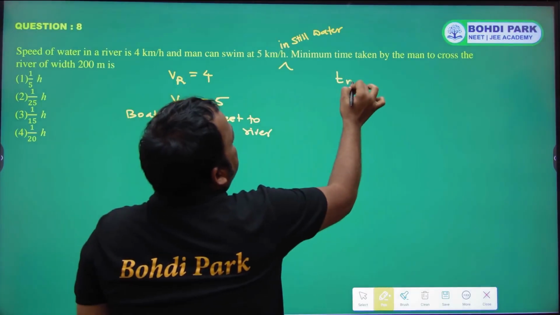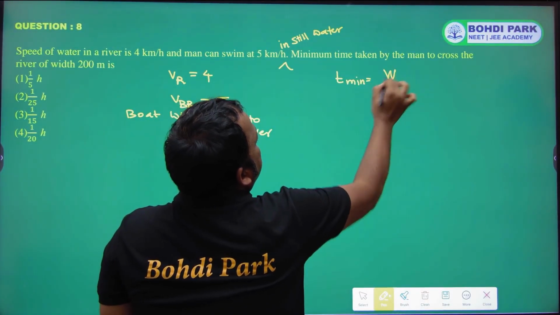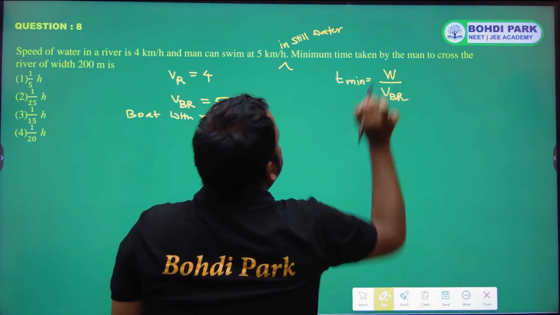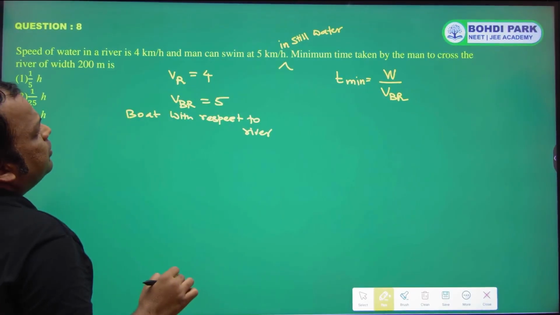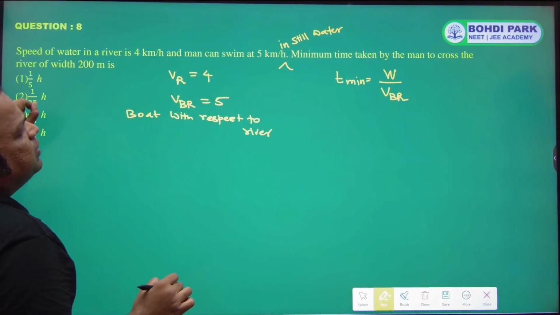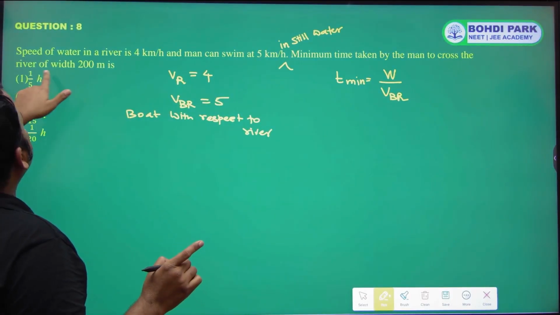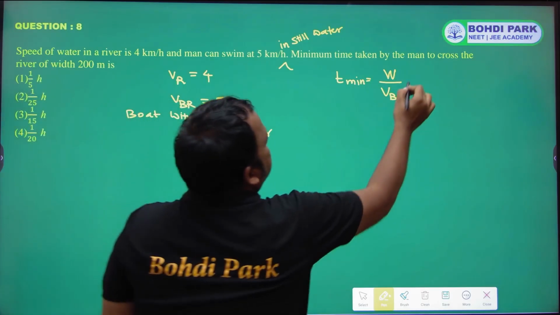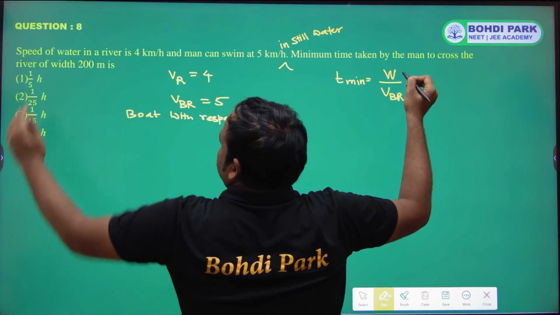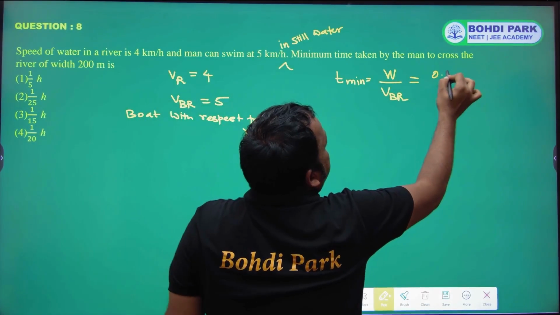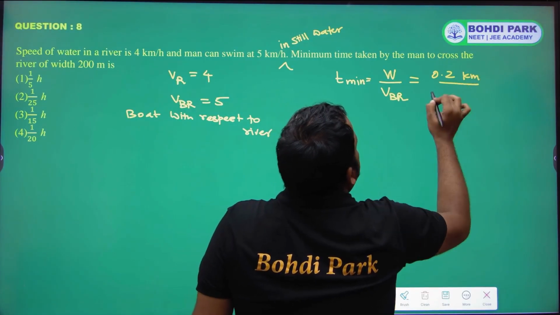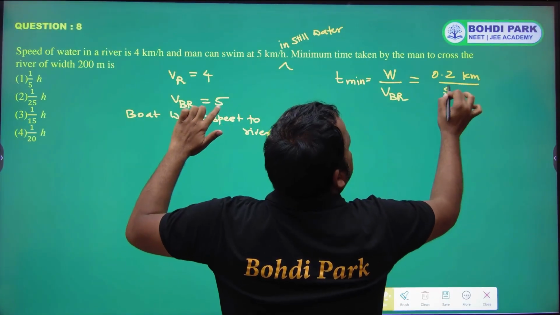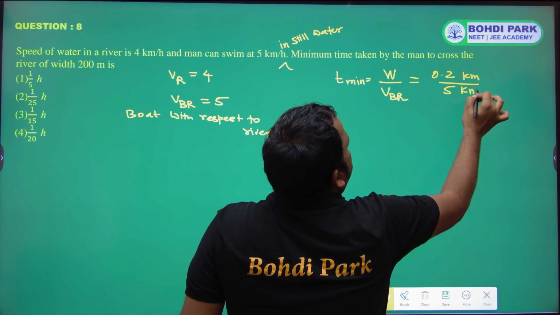So T minimum, direct formula, W by VBR. Minimum time to cross by man to cross the river of width 200 meter. So width, now convert this width in kilometer. So this will be 0.2 kilometer and VBR is 5 kilometer per hour.